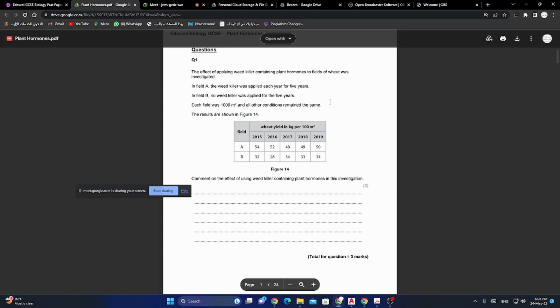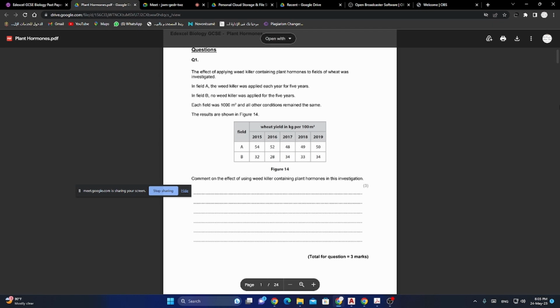So in this case, what they want in this question is just to comment on the effect. They're asking you to comment on the effect of using weed killer. What did that weed killer do?